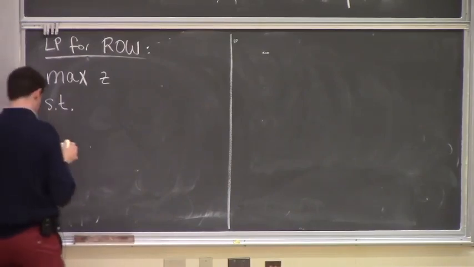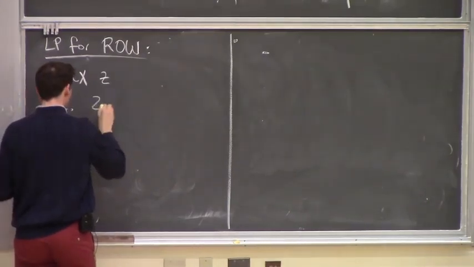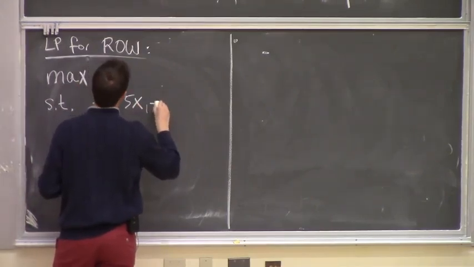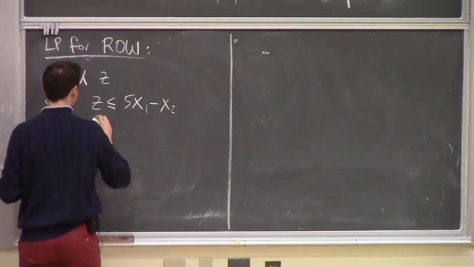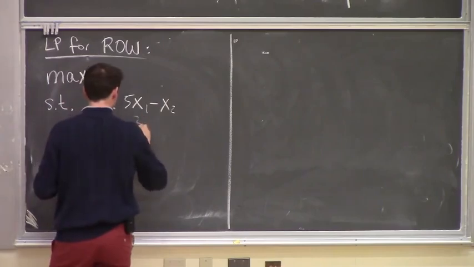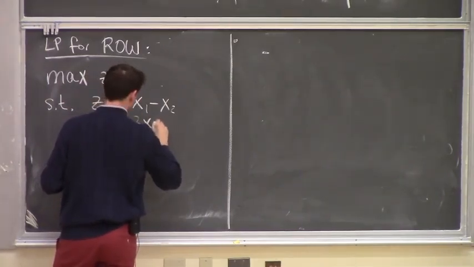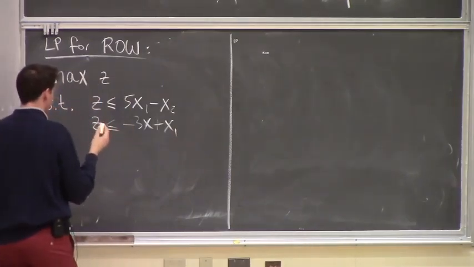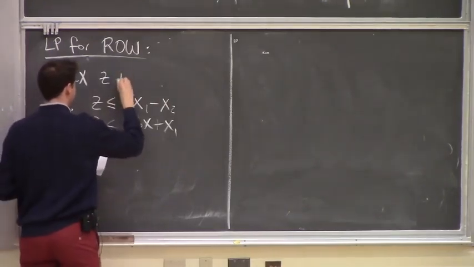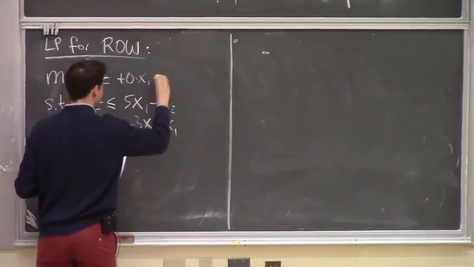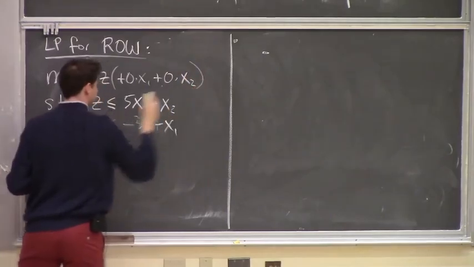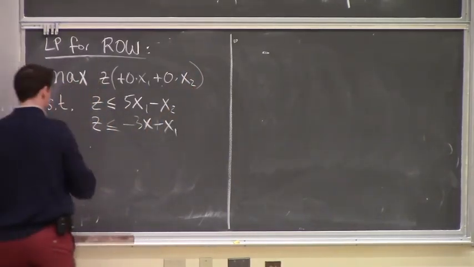We're going to make sure that z is no more than both 5x1 minus x2, and z is no more than minus 3x1 plus x2. x1 and x2 are also variables. They just happen to not appear in the objective function, so you can think of it as plus 0 times x1 plus 0 times x2. But really, it's maximizing z.